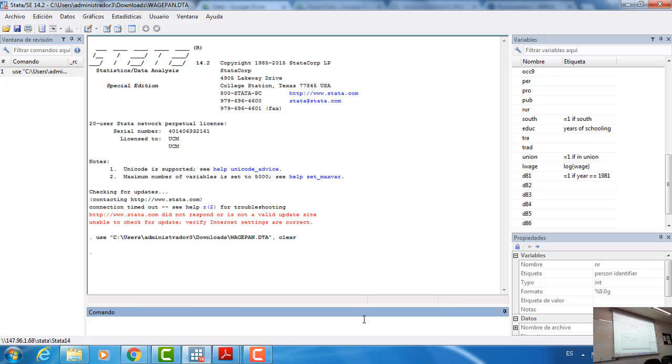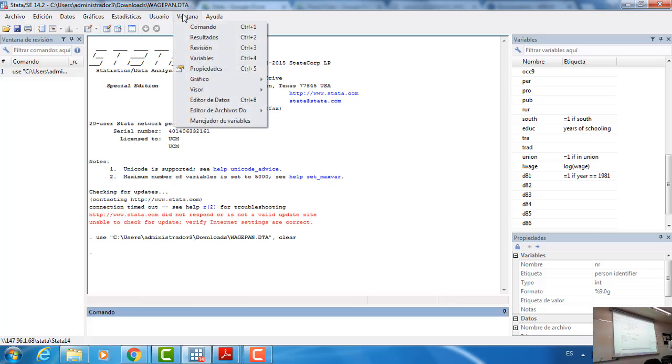They can be changed in appearance, in color, size, and sometimes they disappear. If they disappear, you have to go to Window and then reinstate the windows. They have the strange behavior of disappearing sometimes.